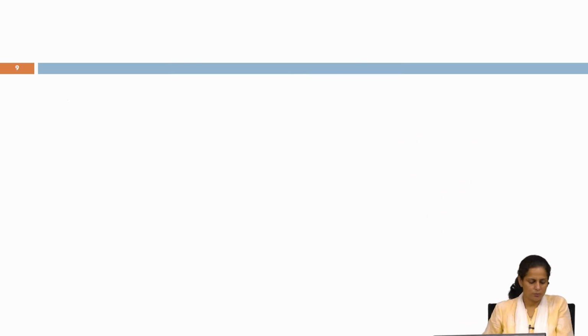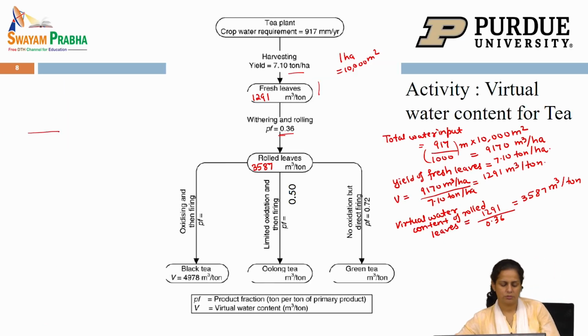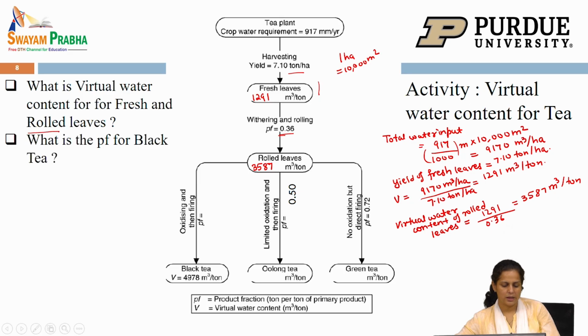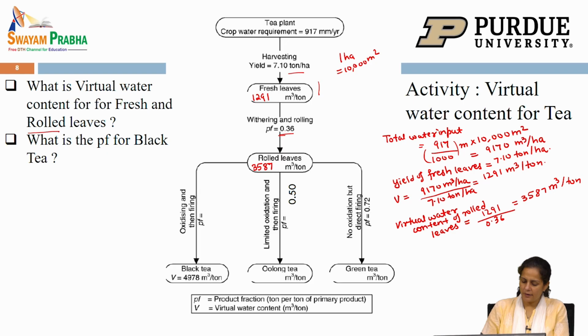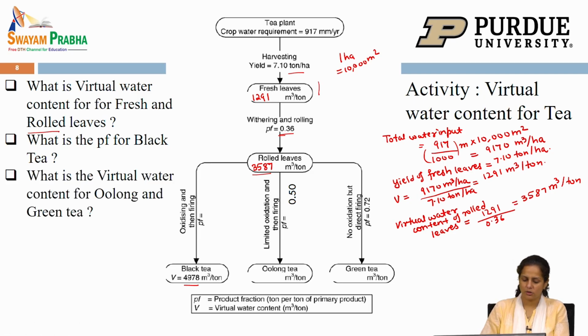So, our second problem is to calculate the product fraction for black tea. For that one you have the virtual water of black tea known, and you know the virtual water of rolled leaves. So, here we simply take the virtual water of rolled leaves divided by the virtual water of black tea, and that will give us the product fraction.